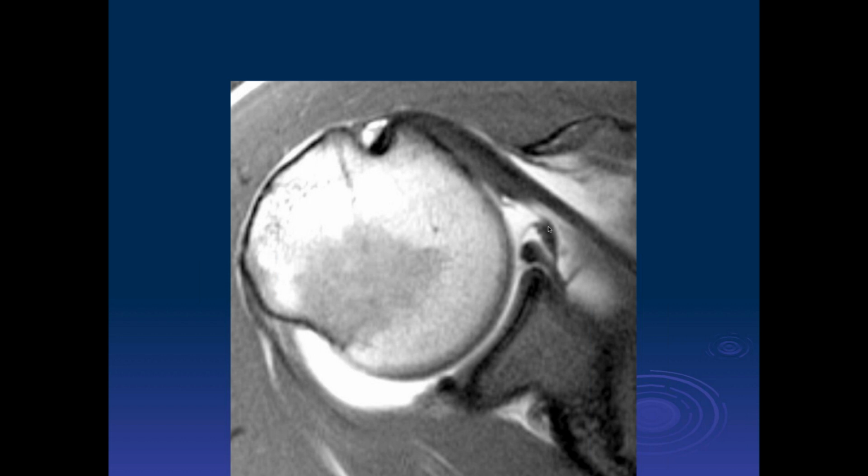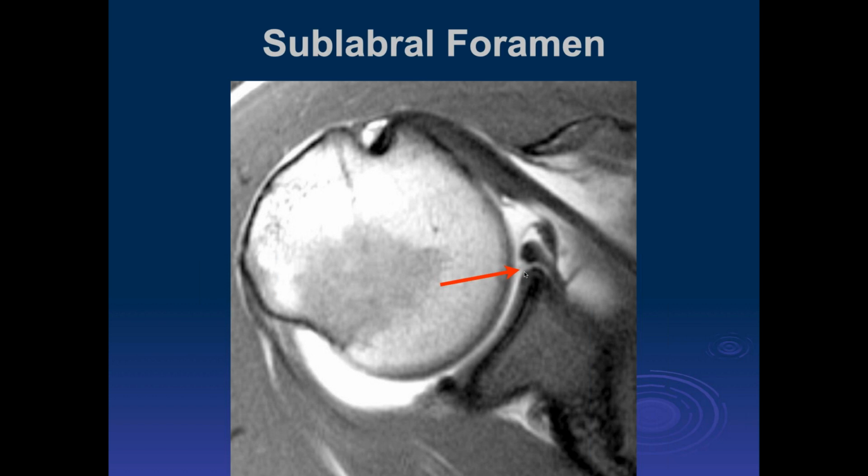So here's a case where we can see the anterior superior portion of the joint space, and we see a bunch of different structures here. There is a sublabral foramen. This is more anteriorly superior, in the area where you can have a normal defect deep to the labrum. There's a middle glenohumeral ligament here, the labrum, the bone, and here's the articular cartilage.